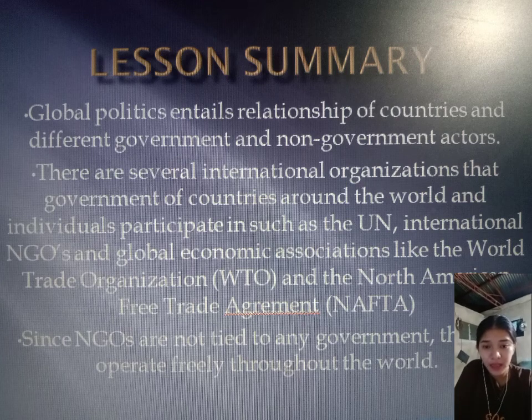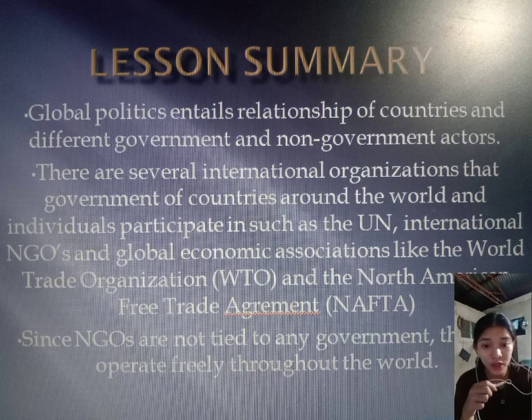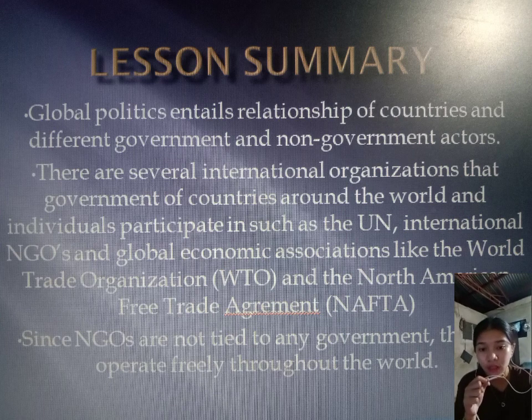So lastly, the summary of NGOs. Since the NGOs are not tied to any government, they can operate freely through the world. As I've said a while ago, NGOs are an independent type of organization.